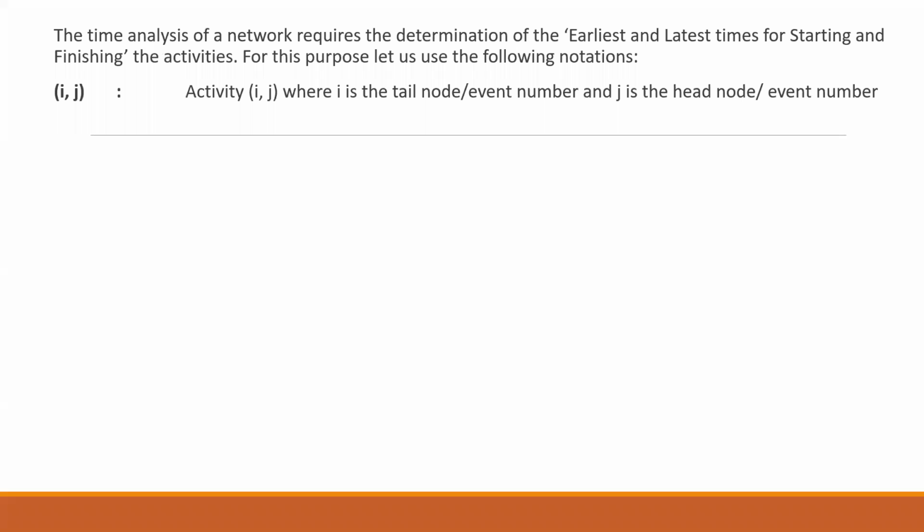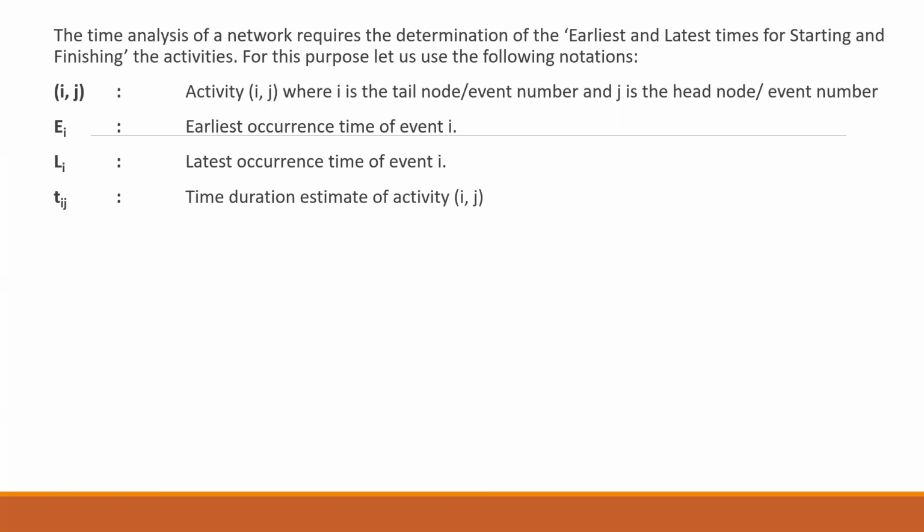Wherever we say I, comma J, I will be the tail node, J will be the head node, or you can also call it an event. Then E_I represents the earliest occurrence time of event I. L_I is the latest occurrence time of event I. Then T_IJ is the time duration estimate of the activity IJ.